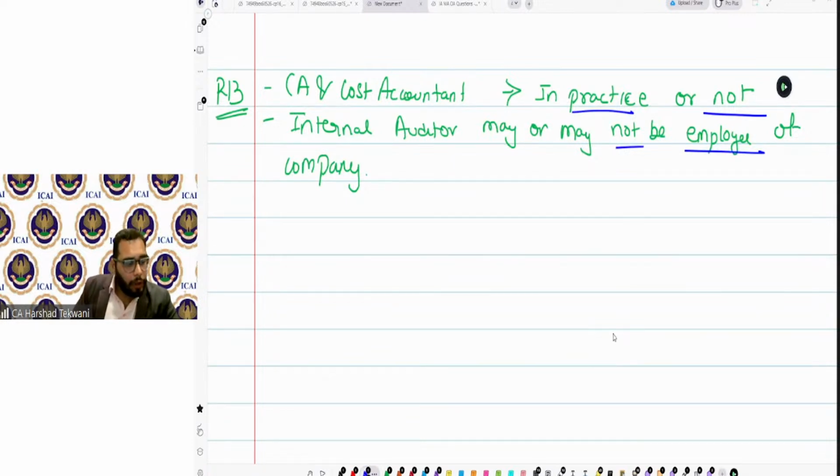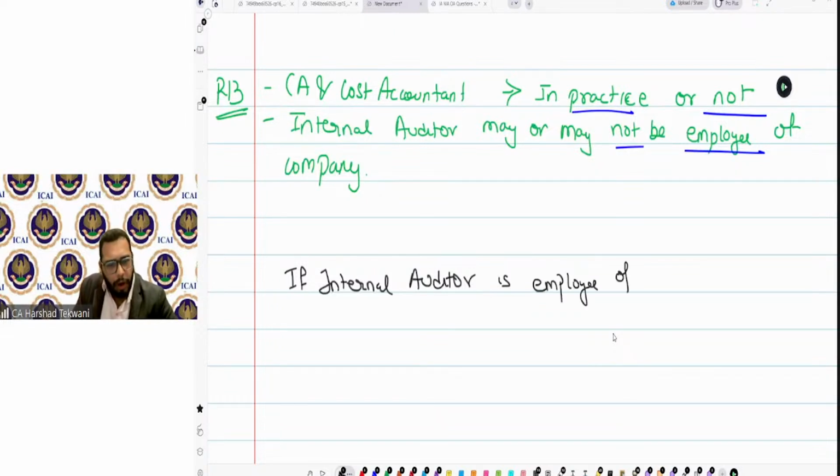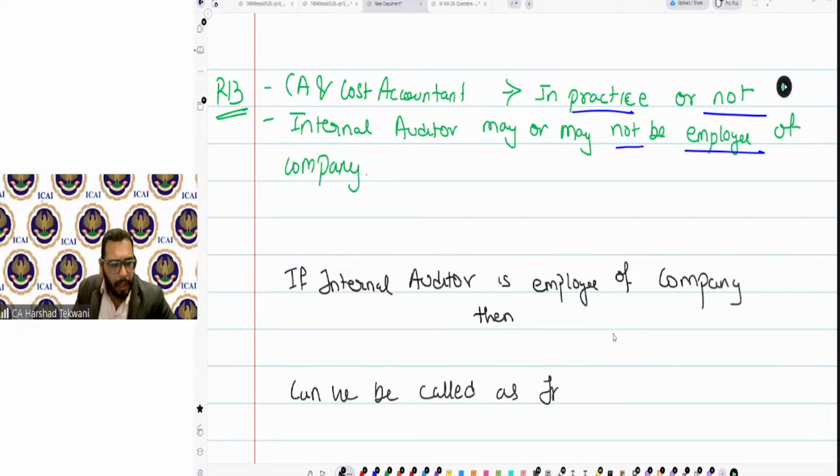In that case, the question comes: if the internal auditor is an employee of the company, then can he or she be called an independent internal auditor? What about the independence if they are the employees?